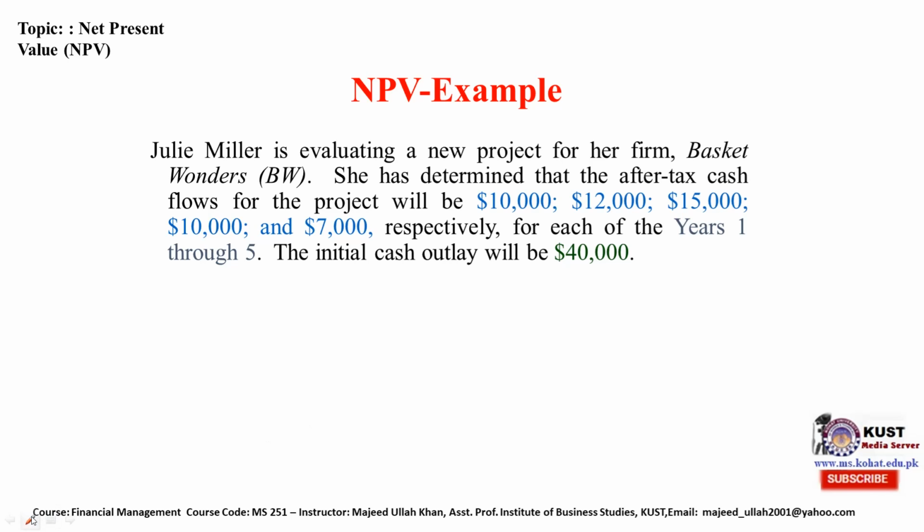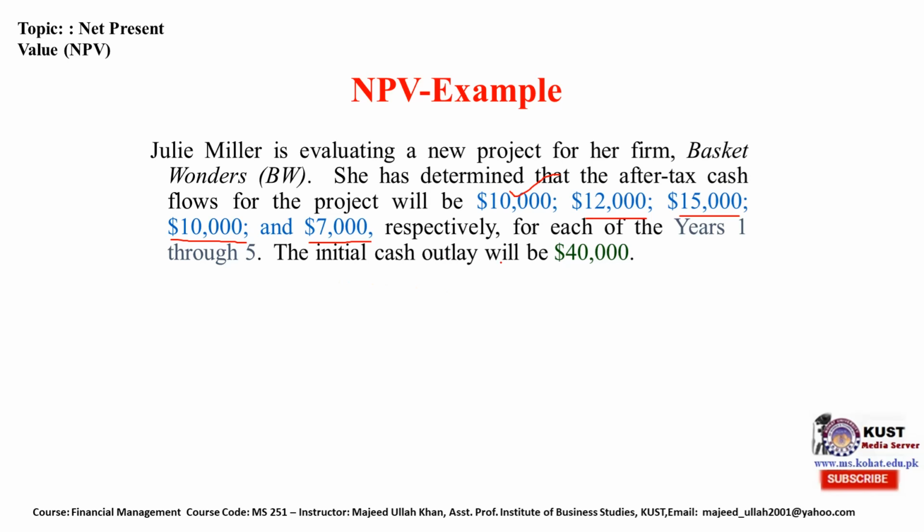This is the same example as it was quoted in the earlier lecture. Judy Miller is evaluating a new project for her firm's Basket Wonder. She has determined that after-tax cash flow for the project will be 10,000 for the first year, 12,000 for the second year, 15,000 for the third year, again 10,000 for the fourth year, and 7,000 for the fifth and terminal year.